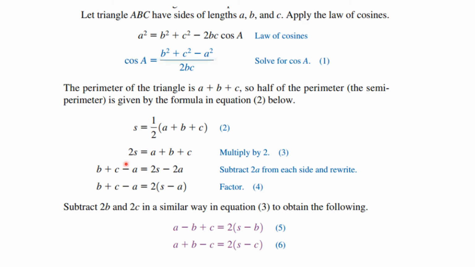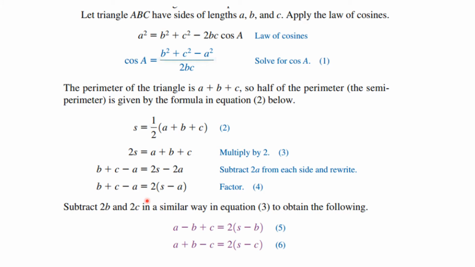Subtracting 2a from 2s, we get 2s minus 2a. Subtracting 2a from a plus b plus c, we get b plus c, but then a minus 2a gives us a negative a. We can factor the 2 out of the other side, and we have 2 times (s minus a).